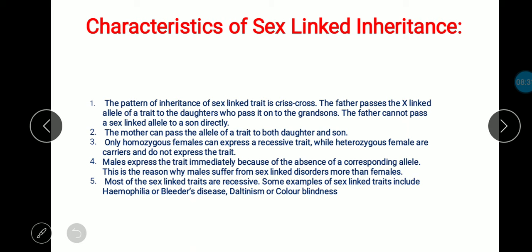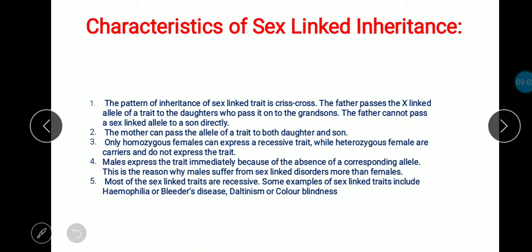This is the reason why males suffer from sex-linked disorders more than females. This percentage also shows a great difference: nearly 8% of males show such sex-linked diseases and females show less than 1%. Most of the sex-linked traits are recessive.